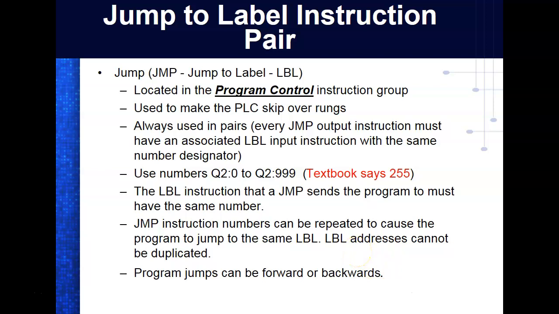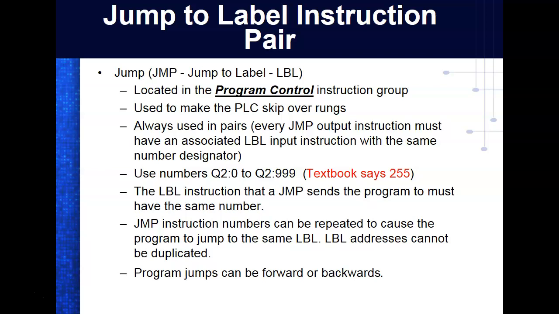Always used in pairs. Every jump instruction has to have its own label instruction. So the jump instruction is an output instruction. The label instruction is going to be an input instruction. So on our label instruction we're going to have to put some type of output. Normally we use one of our internal coils, our B files.